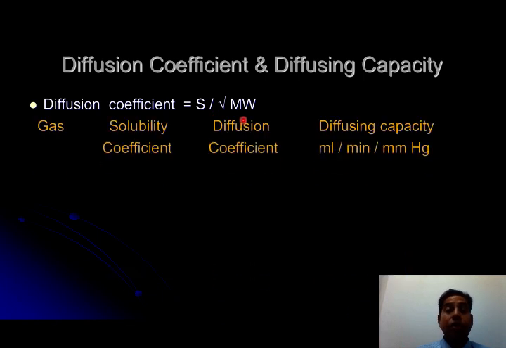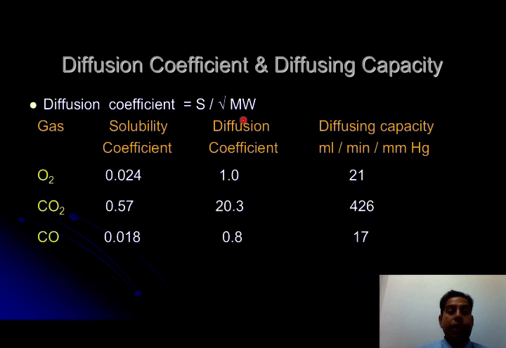So if you compare the different gases, that is oxygen, carbon dioxide, and carbon monoxide, we can see very clearly that the diffusion capacity of carbon dioxide is approximately 20 times more than that of oxygen. That means carbon dioxide can diffuse much faster than oxygen.